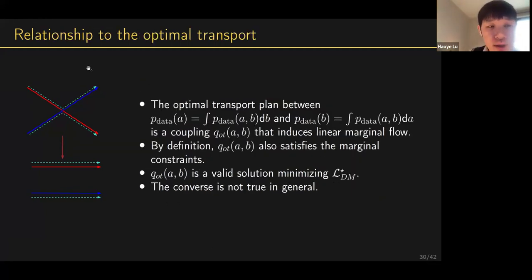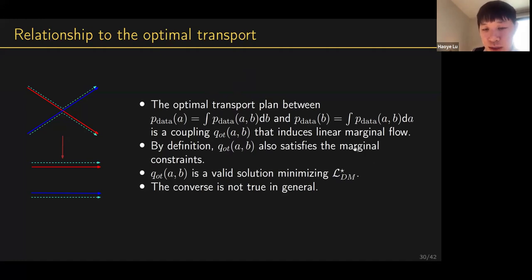And I want to discuss a little bit about its relationship to optimal transport. The optimal transport plan is actually a coupling connecting p data distribution of A and p data distribution of B. By definition, this coupling will satisfy the marginal constraints automatically.